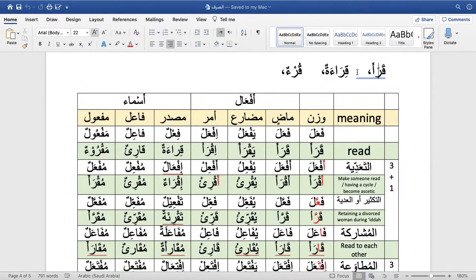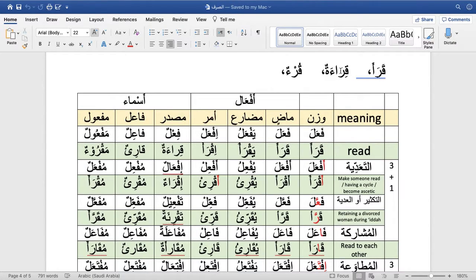قرأ يقرأ قراءة. The ثلاثي root of قرأ also has the meaning of قرء. Now قرء is the singular mufrad of a word that you have read in the Quran, where Allah says in Surah Al-Baqarah وَالْمُطَلَّقَاتُ يَتَرَبَّصْنَ بِأَنفُسِهِنَّ ثَلَاثَةَ قُرُوءٍ. قُرُوء is the plural of قُرْءٌ.